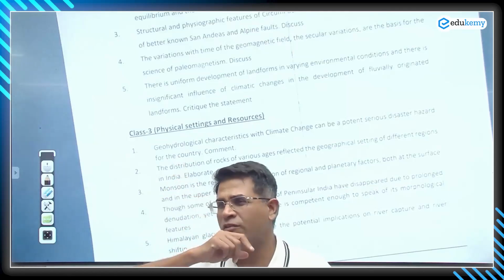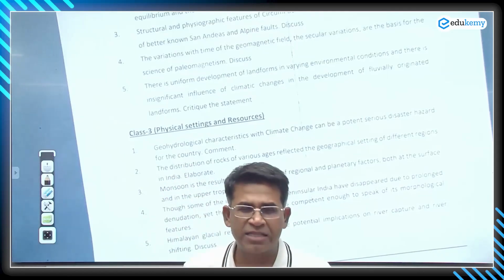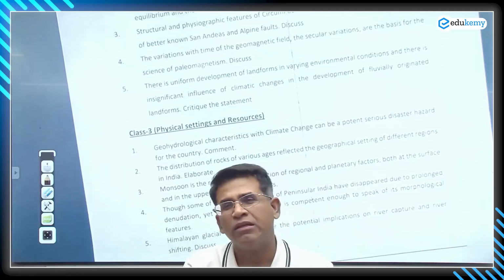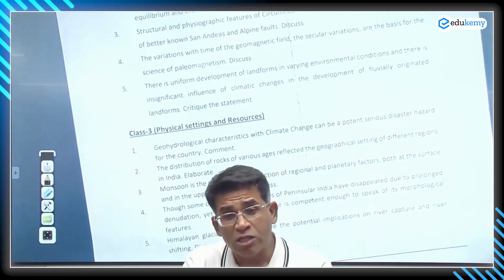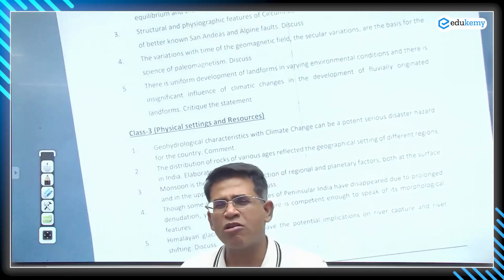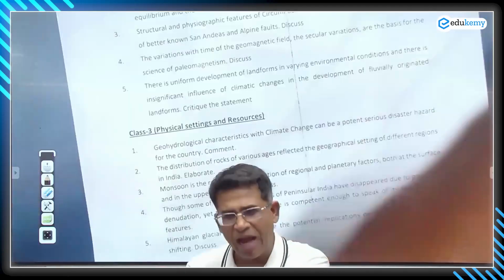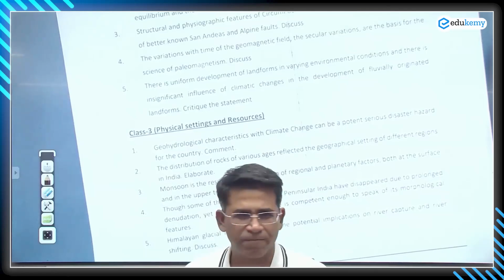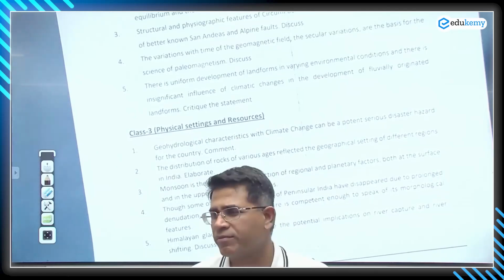The example of San Andreas is an example of a transform fault, which is also found on the ocean floors, on the ridge systems. This is the question.